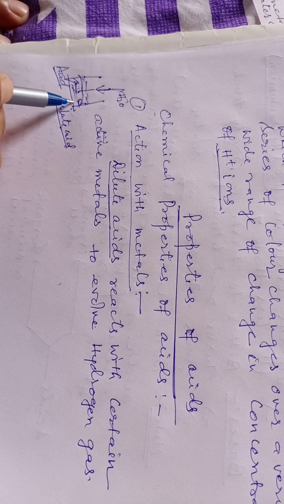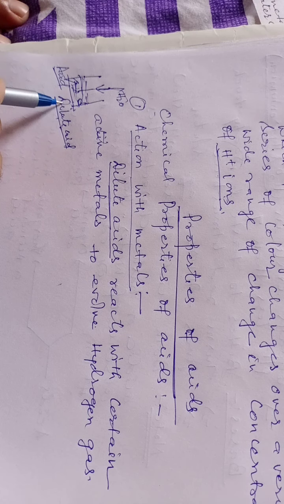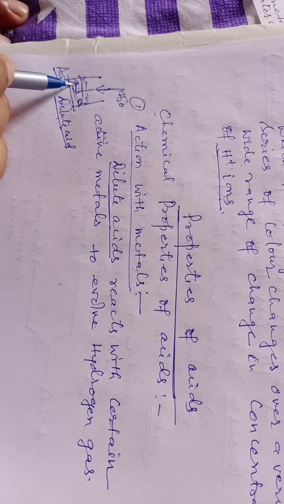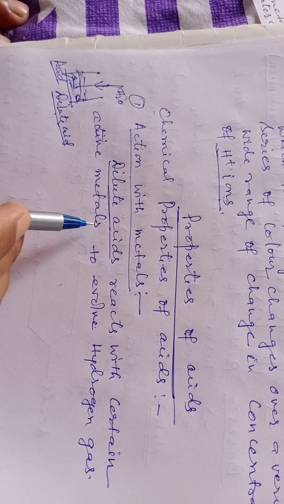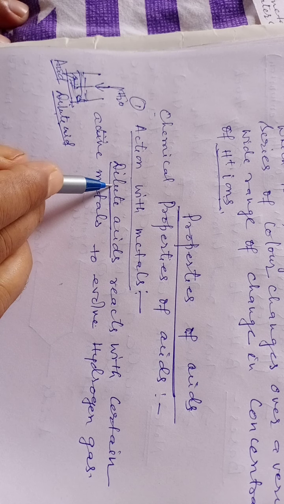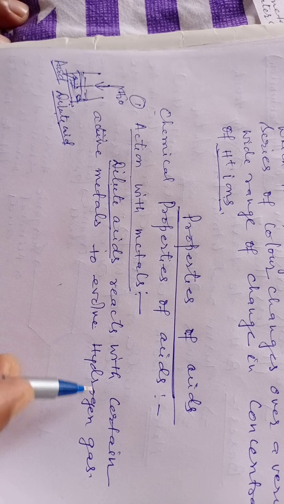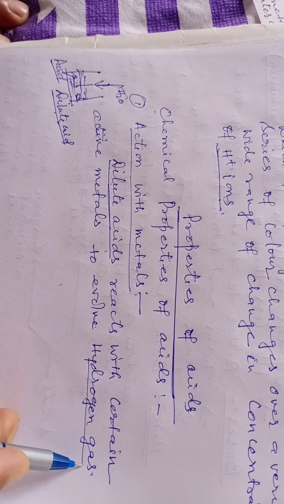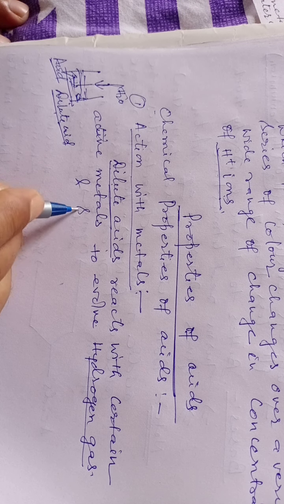The strength of this dilute acid becomes reduced as water is mixed in, so its concentration becomes lowered. So some metals react with dilute, not concentrated, acid. Hydrogen gas is released and salt is formed.